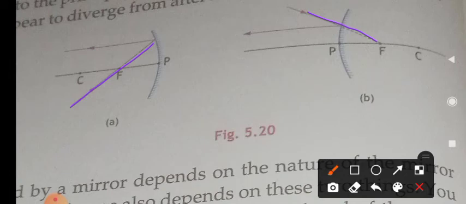So after reflection, how does it travel? Look at their path of travel. They are traveling parallel. This is the principal axis, no? So it is parallel to the principal axis after reflection. You know, parallel lines run together, they never meet each other, isn't it?